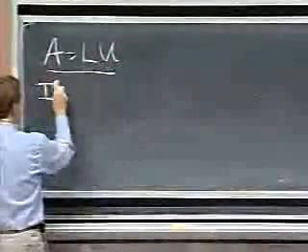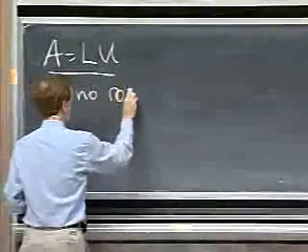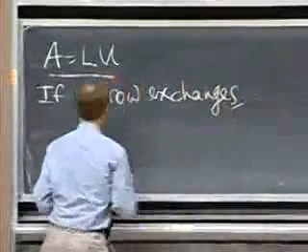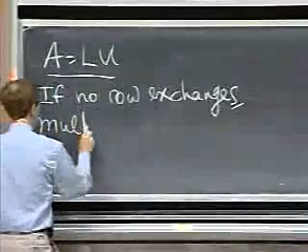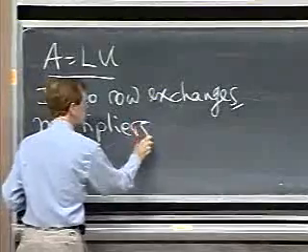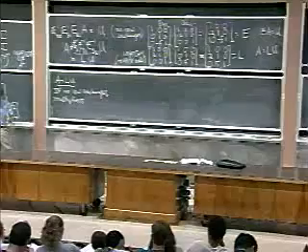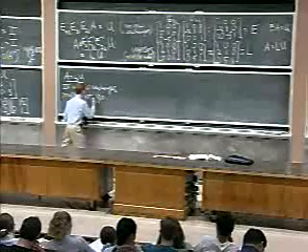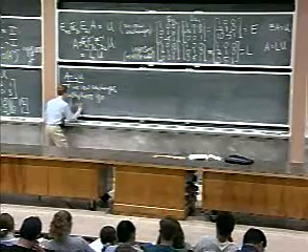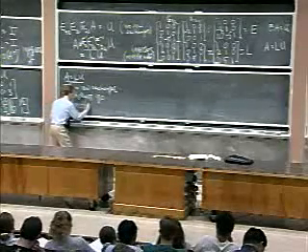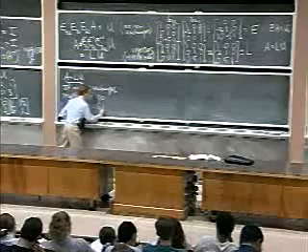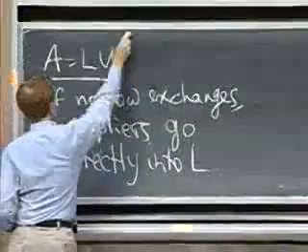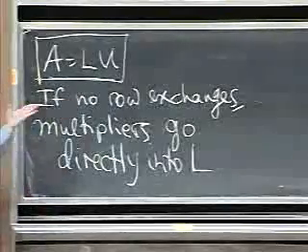So if no row exchanges, the multipliers, those numbers that we multiplied rows by and subtracted when we did an elimination step, the multipliers go directly into L. Okay. So L is, this is the way to look at elimination.